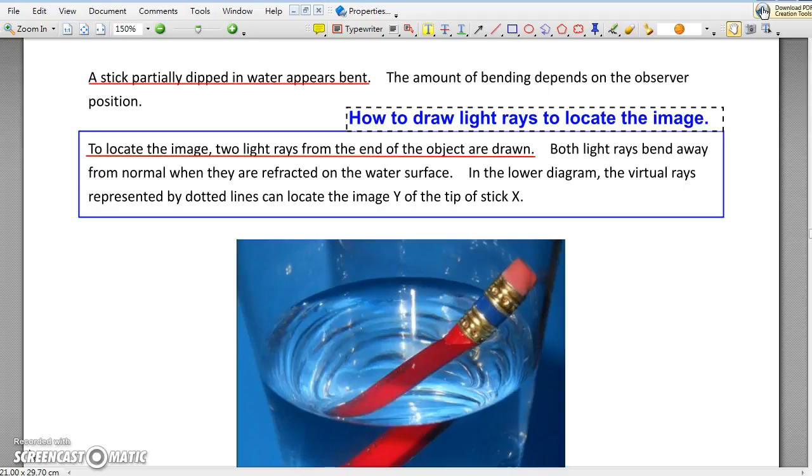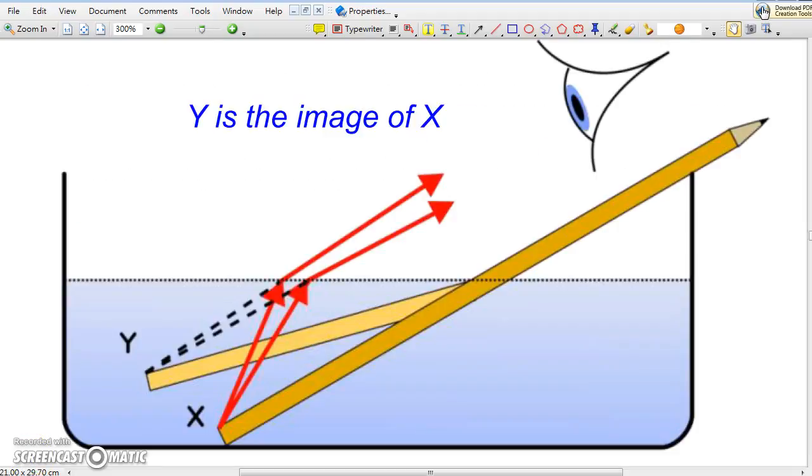What you have to do is to draw two light rays from the end of the object, and these light rays bend away from normal when they are refracted at the water surface. In this way, you may draw virtual rays to find the image. So after you have found the image of the red dot, which we mark blue, then you may draw the image of the whole part underwater in this way.